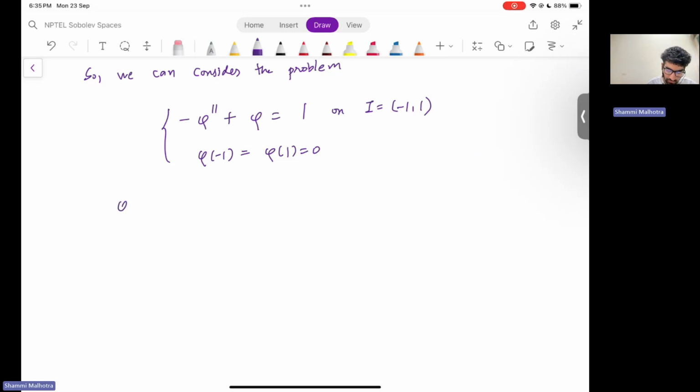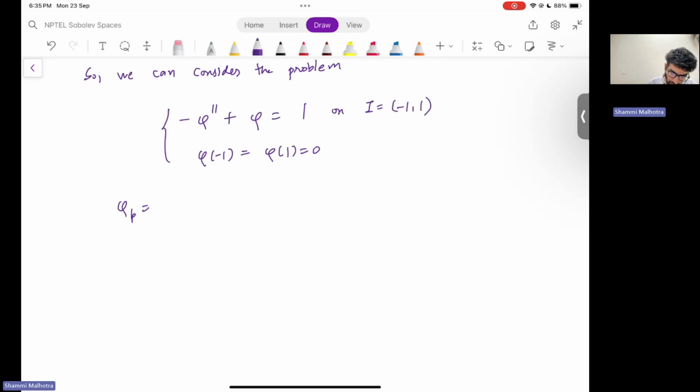So first, we compute a particular solution phi p. On observation, we don't really need phi p to satisfy the boundary values. We just need it to satisfy the ODE.